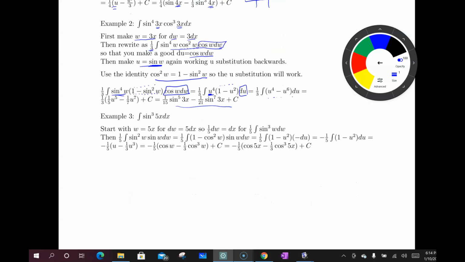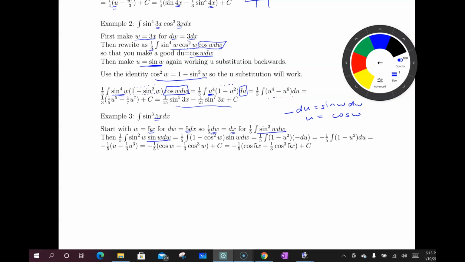One more example here. Sine cubed of 5x. Let w be 5x, dw is 5dx, so 1/5 dw is dx. So here is everything in w's. Now make the good du, peeling off the sine. So that's my du, sine of w dw. So what's my u going to be? Oh, negative issue, right? So I'll say u is cosine, and I'll put the negative out here.